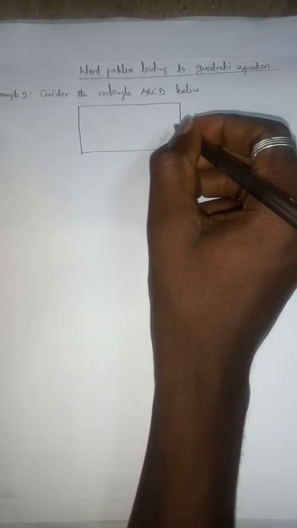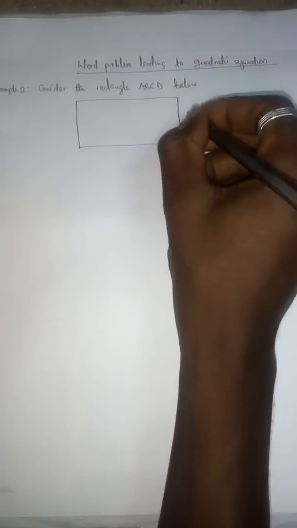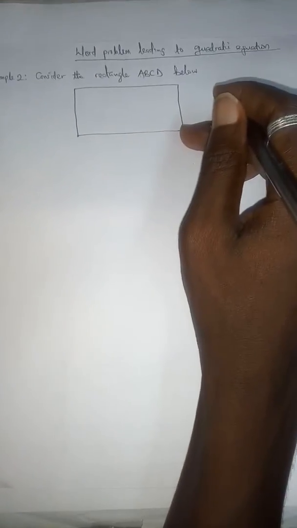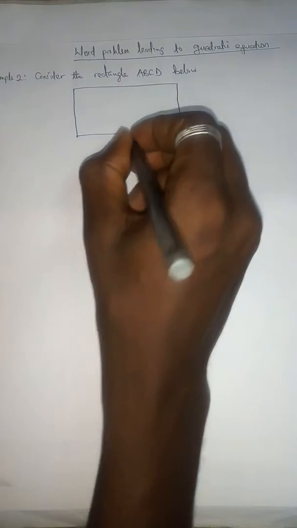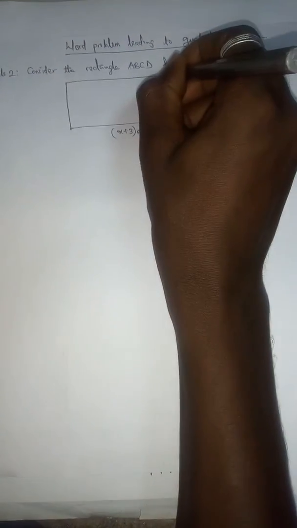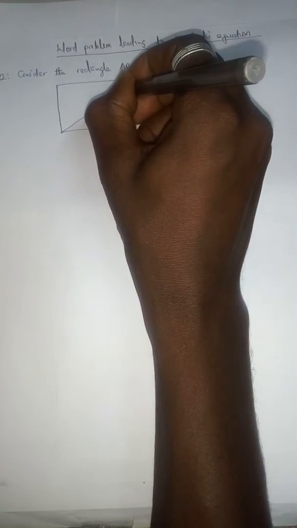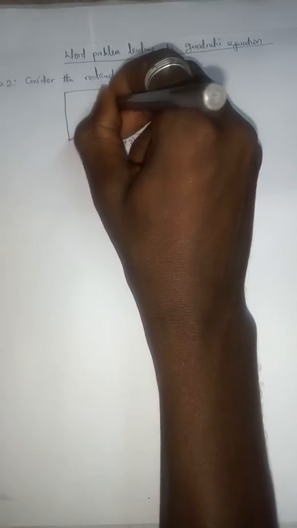In this rectangle we have the length and the breadth. The length is x plus 3 meter, and the breadth side is x plus 1 meter. We have the diagonal, and the diagonal is x plus 5 meter.